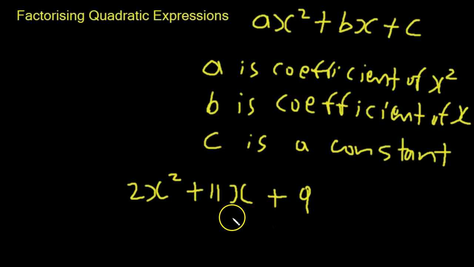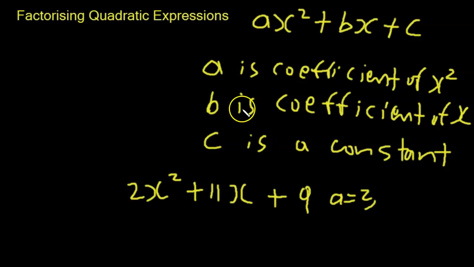What would be our a value? So the a value is what we call the coefficient of the x squared, meaning a is a value that's multiplied to the x squared. And what value is in front of the x squared? 2. So in this case, a is 2.